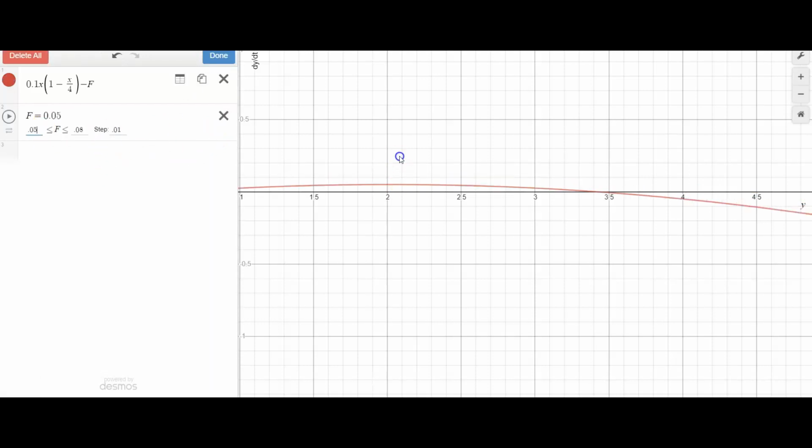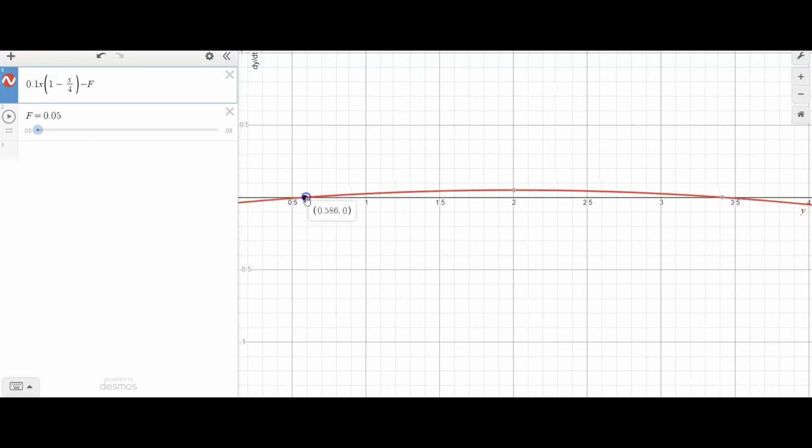But now notice what happened. When I'm starting to fish, I've really closed that interval on which the population has opportunity to grow. So my carrying capacity, even though it's 4, the maximum number of fish my population can support is only 3.4. And that should make sense because we're fishing a bunch of them out of there.